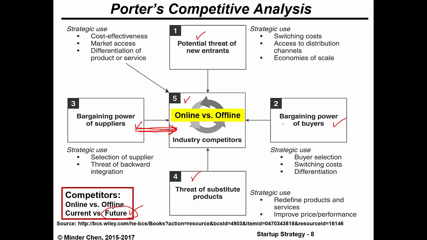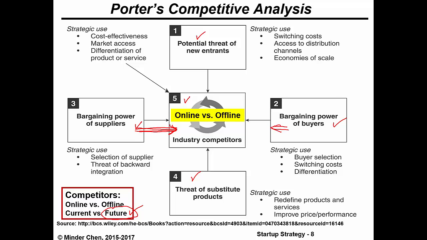And the buyer, particularly a large buyer who has a lot of purchasing power, may decide that instead of buying the product from you, they want to produce the product directly.